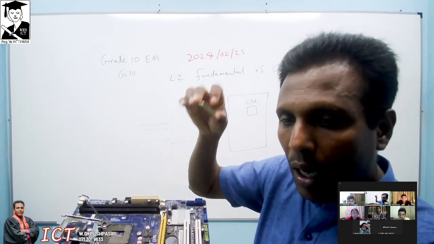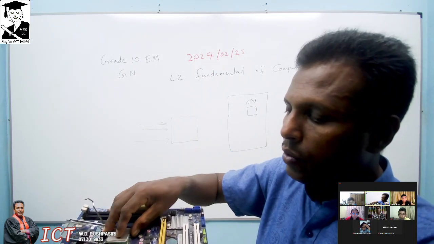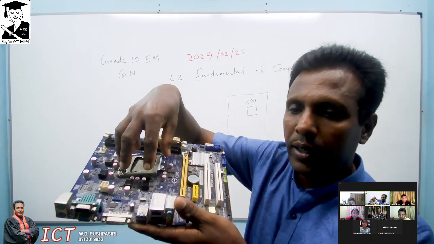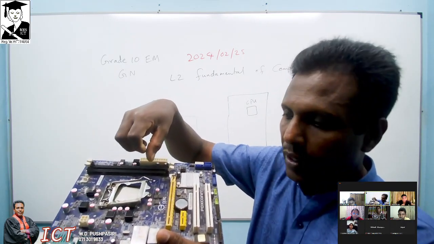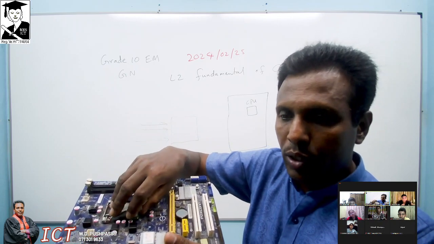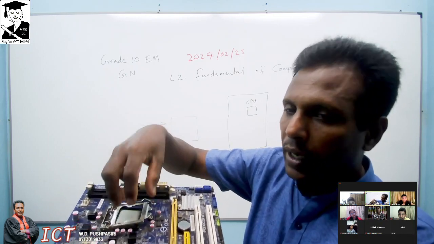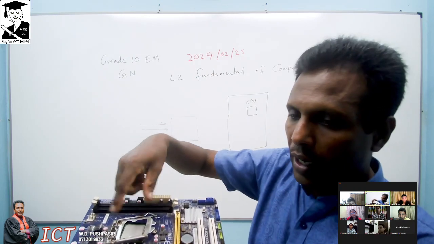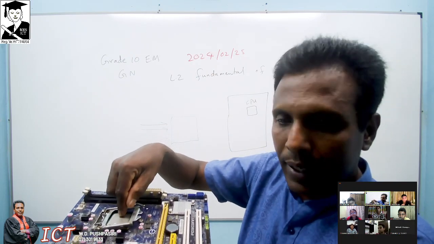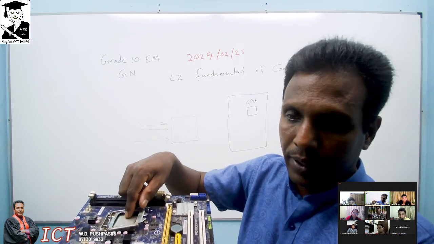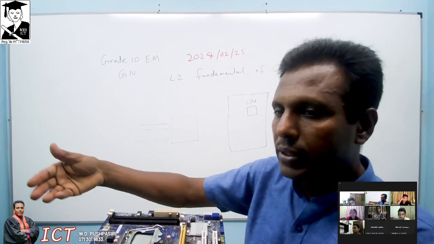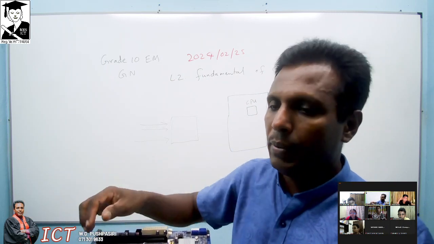To cool it down, we fix a fan here, which is called an exhaust fan. What does that fan do? It exhausts the air of this area, which is the heated air, and on the other side fresh air comes in.